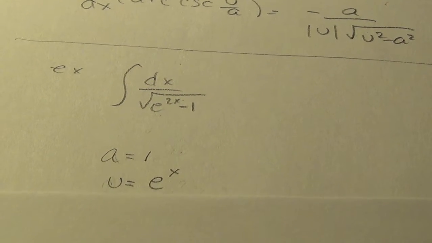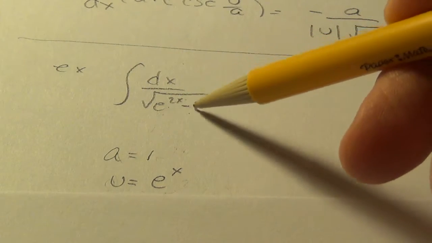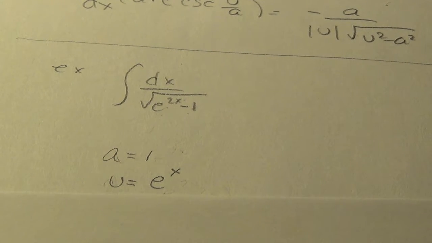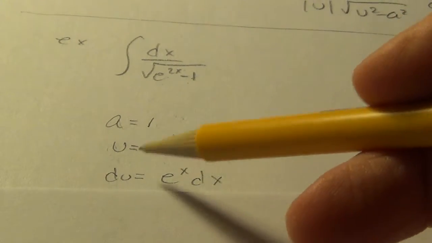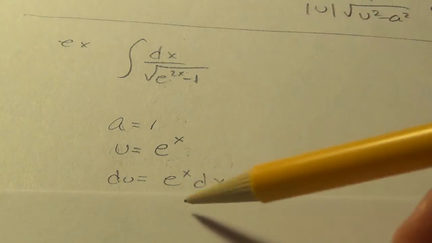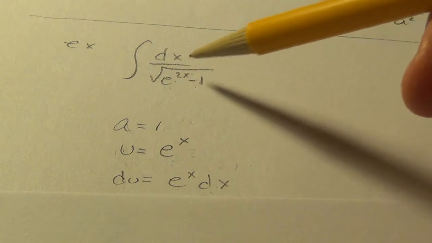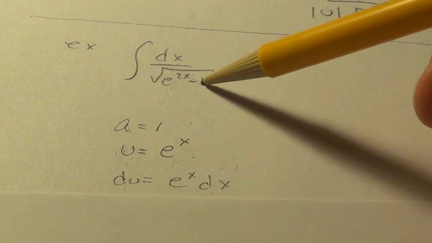So let's substitute everything back into here using a's and u's, so we can easily fit them into the forms I just showed you. So once you find u, you have to do a du, and then substitute everything back in. So here, when I have e to the 2x, I'm going to put u squared. Here, I'm going to put a squared.